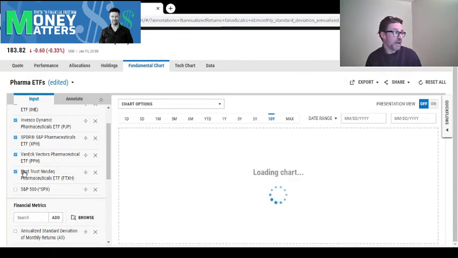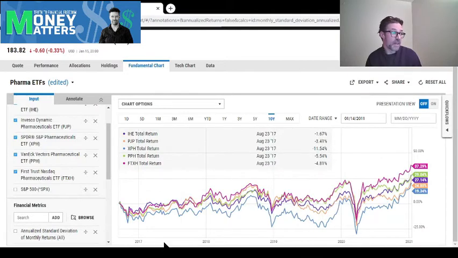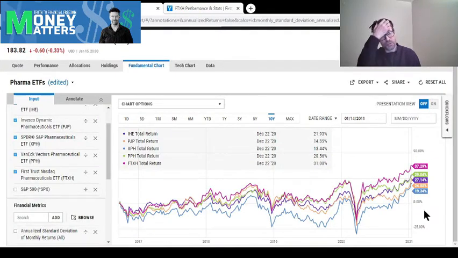If we add back our newbie here, you can see the timeline changes. But you can see that newbie has done relatively well, quite significantly better compared to the others. So this gives you an indication of the different pharmaceutical ETFs you could choose from if you were interested in investing in the business of vaccination.